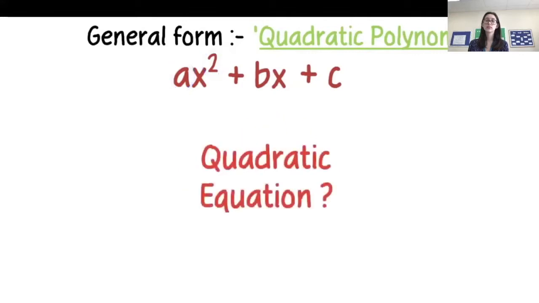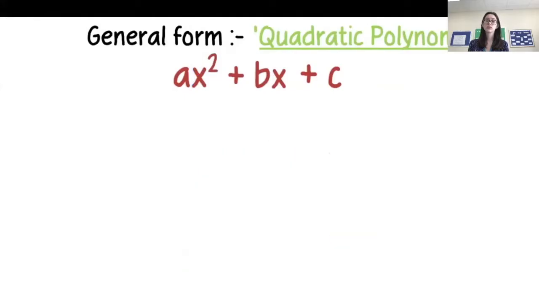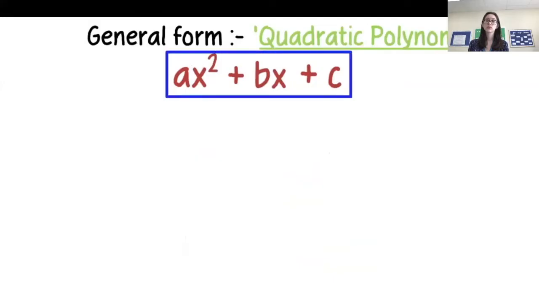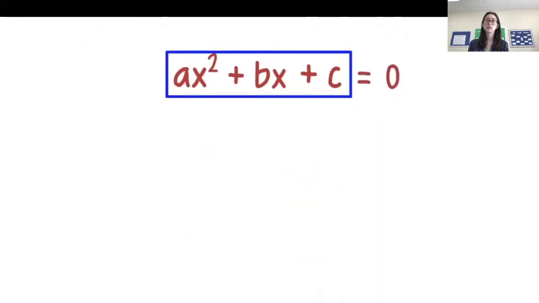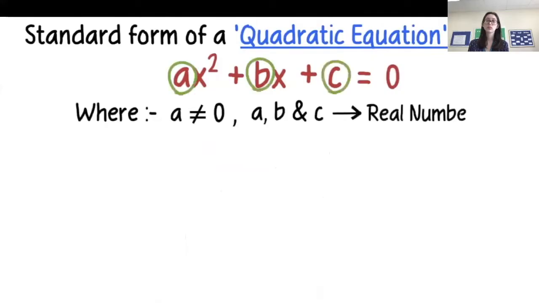So what's a quadratic equation? An equation, as we know, always has two sides, one on each side of the equal sign. When we equate this general form of a quadratic polynomial to 0, we get the general or standard form of a quadratic equation. Remember that a is not equal to 0 and the constants a, b, and c are real numbers.